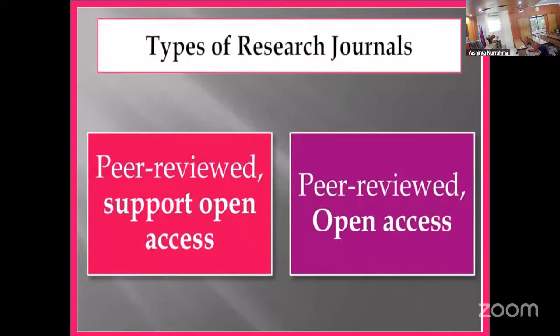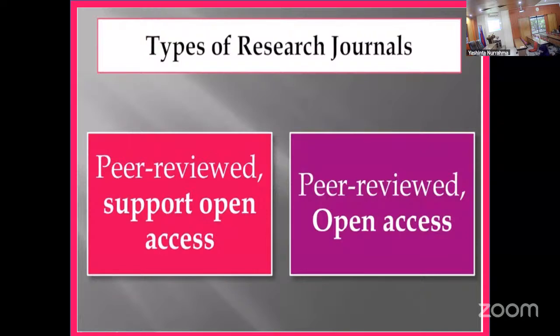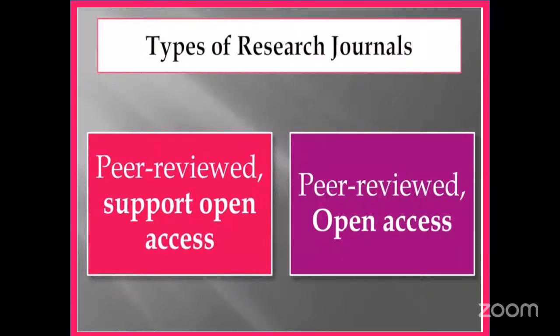Okay, how can we publish? What is the journal process? Journals follow a peer-review process, and they support open access as well as subscription. If you want to publish in an impact journal, there are two options: subscription and open access. With open access, everyone can see your paper and you get more citations; readers do not need to pay.